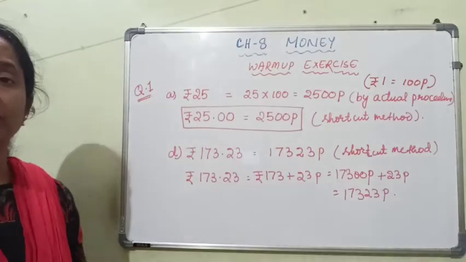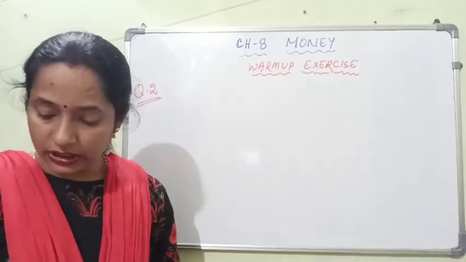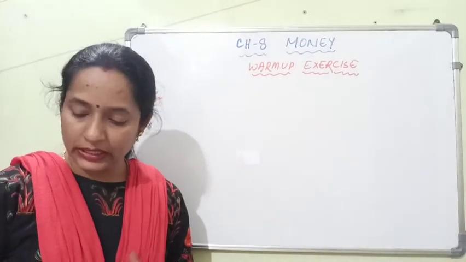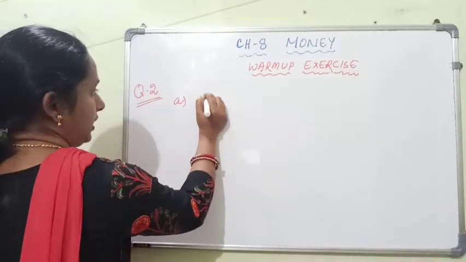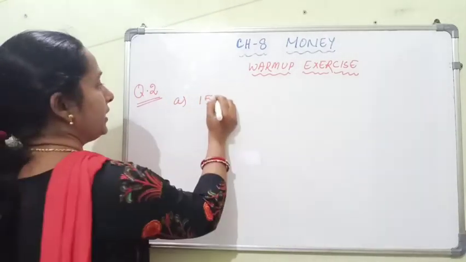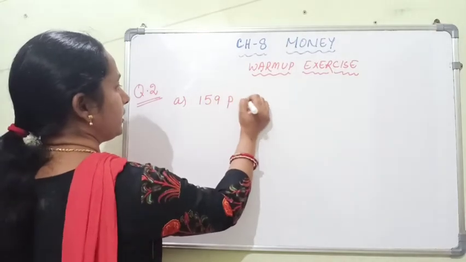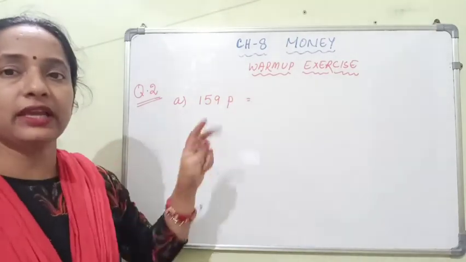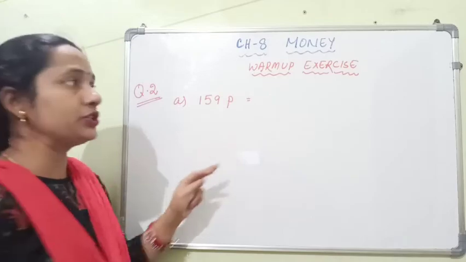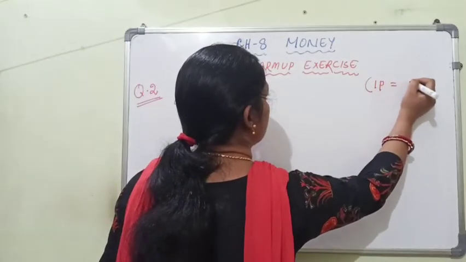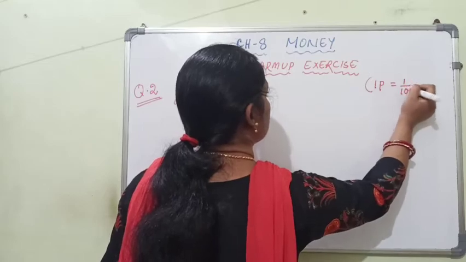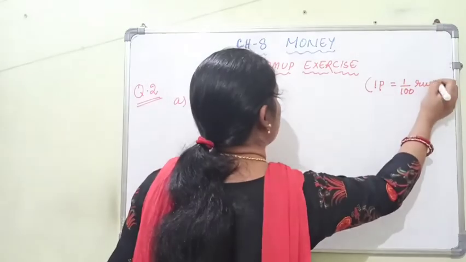The second question is convert into rupees, where let us do part A, that is 159 paise. So what did I say? Whenever we are converting paise to rupees, we all know that 1 paise is equal to 1/100th rupee.